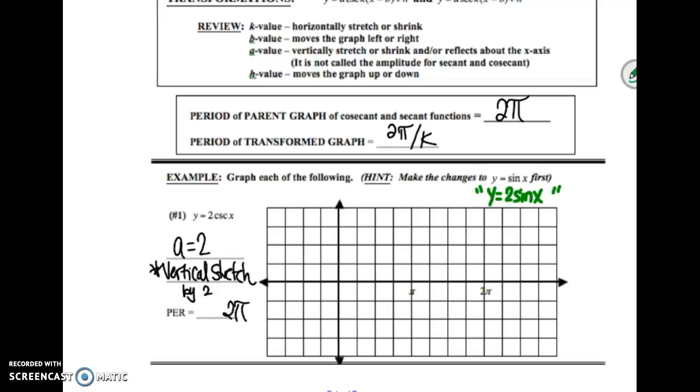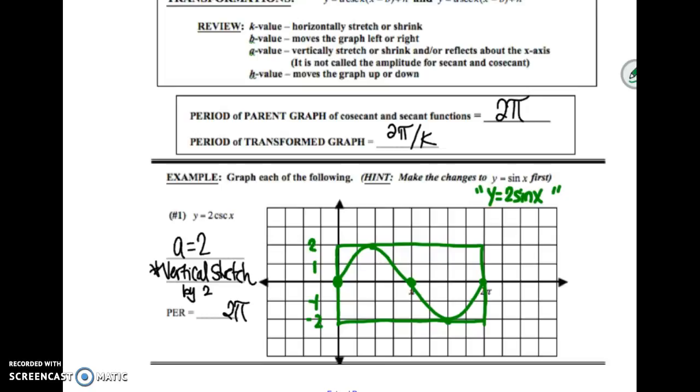Okay, so if I were graphing that, my picture frame, this is 1 and 2, this is -1 and -2, so it would go from -2 to +2 on the y-axis and from 0 to 2 pi on the x-axis. So this would be my picture frame, and my graph of sine, remember, begins at 0, is at 0 in the middle, ends at 0, is at its max here, and is at its min here.